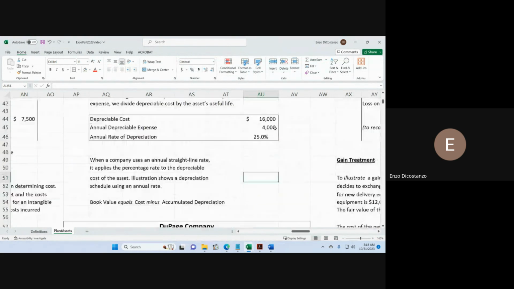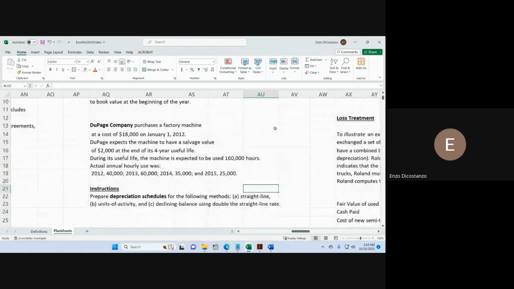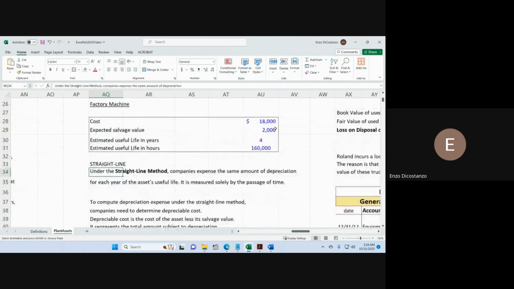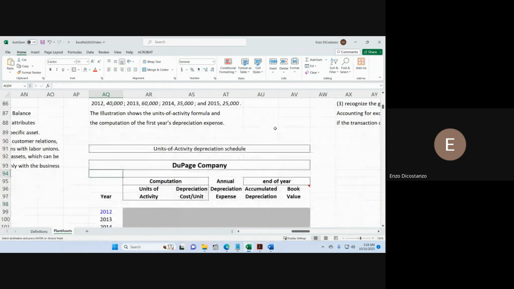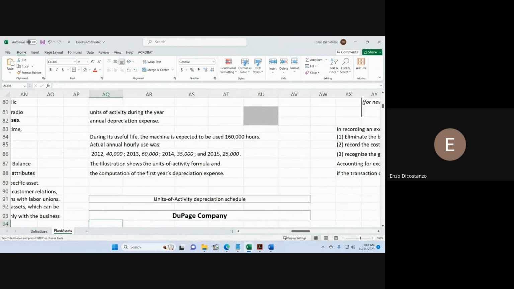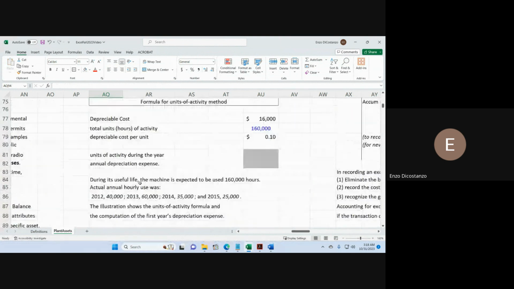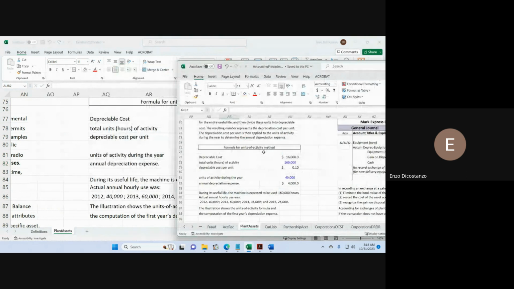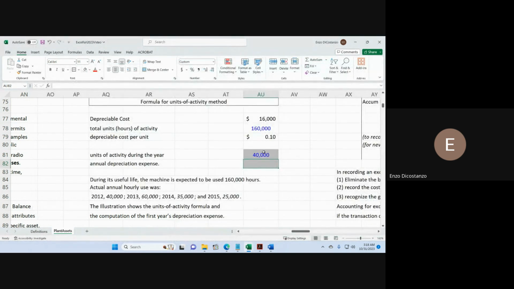For the first year, we had 40,000 units. We have them here. So for the first year, 40,000. And the expense is the product of the 10 cents times that 40,000, which gives you 4,000.